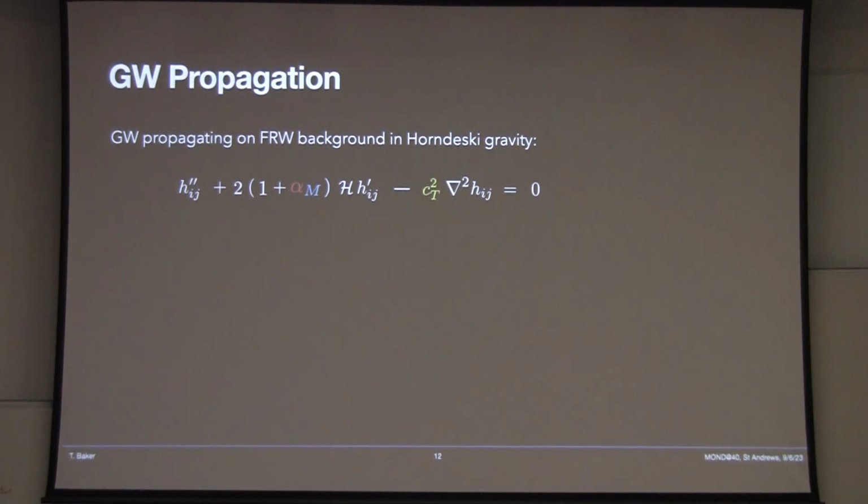So I'll just set that to 1. What we now see is that modifying this friction term is our alpha m parameter, the effective change in the Planck mass, or in big G. And so intuitively, that's somehow going to get tangled up in the change of amplitude as the wave travels.